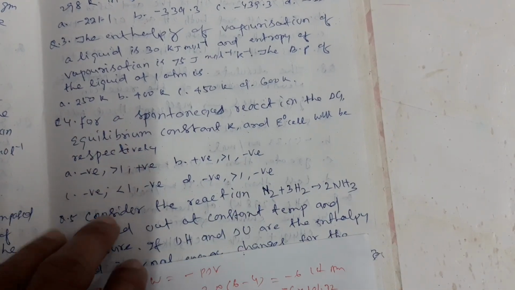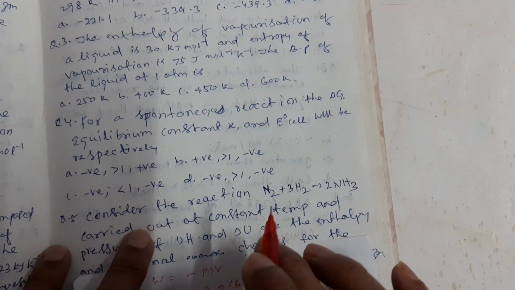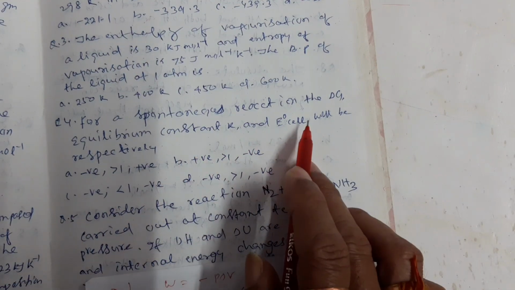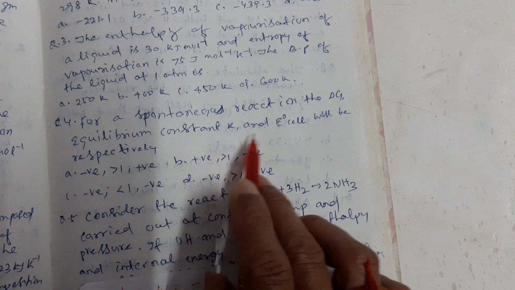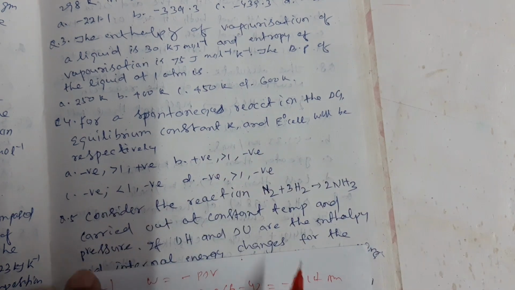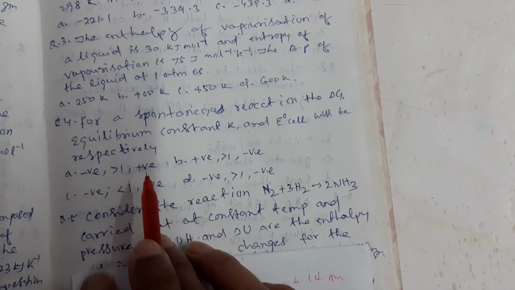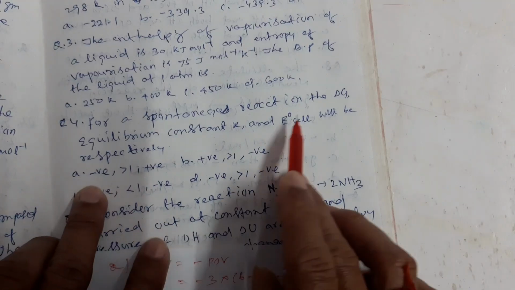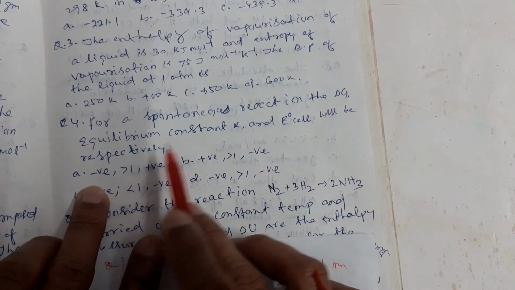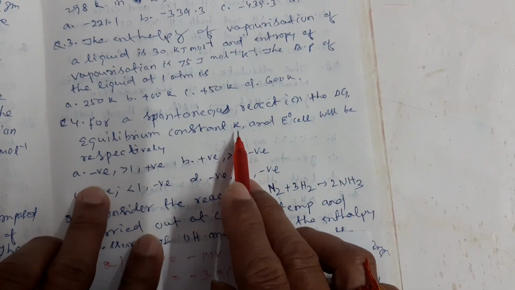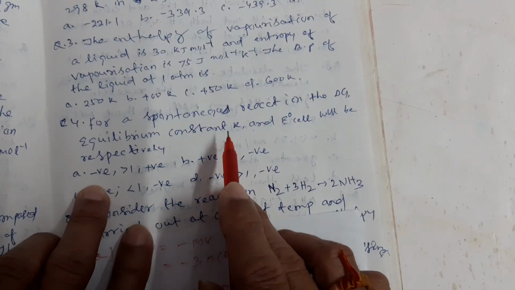Next, question 4: for a spontaneous reaction, the delta G, equilibrium constant K and E cell will be respectively what? Out of the choices, A is the correct answer, because delta G is negative for spontaneous reactions and K is greater than 1.